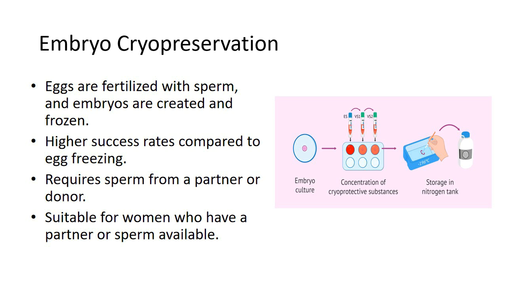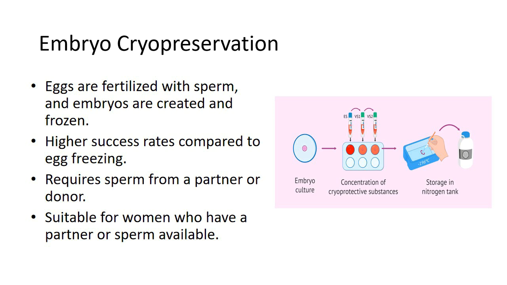Embryo cryopreservation. Women with a partner. IVF, cancer treatment. High success, especially in younger women. Ovarian tissue cryopreservation. Prepubertal girls, women with time constraints. Immediate cancer treatment. Still experimental, limited success.